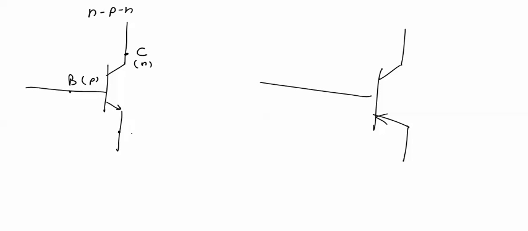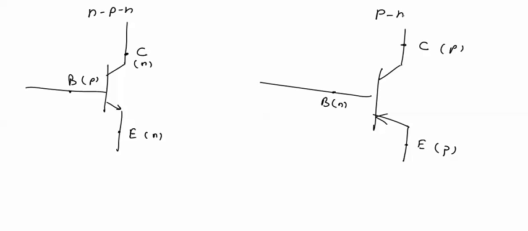Now, as we have already seen the symbols of the transistor, this is the symbol for NPN transistor. In this NPN transistor, this is collector, which is N region, this is base, which is P region, and this is emitter, which is N region. Here this is collector, which is P region, base, which is N region, and this emitter, which is P region.